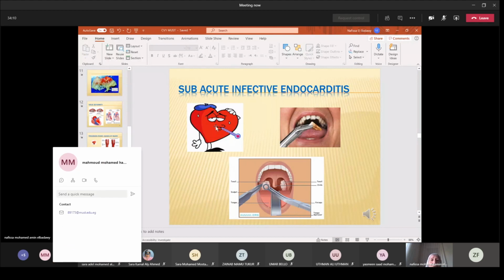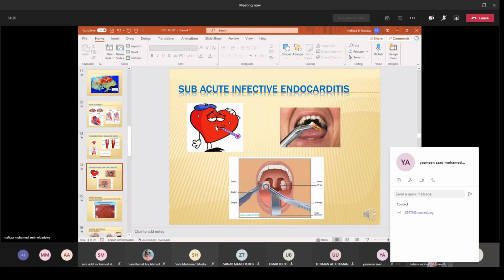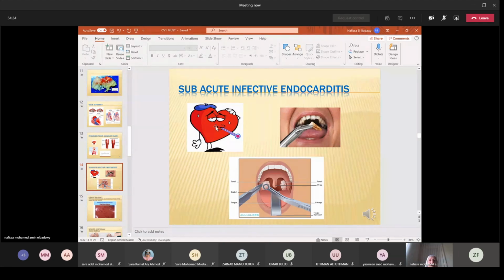Now we go to endocarditis, which is, as we said, inflammation of the endocardium. Here we mean by endocarditis the valvular lesion. Endocarditis means valvulitis here.